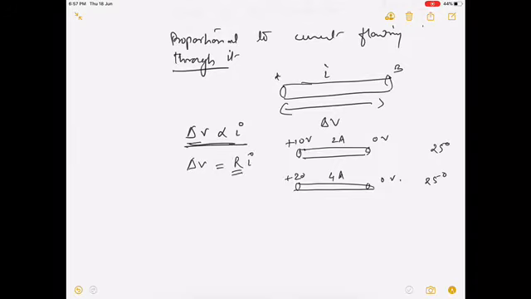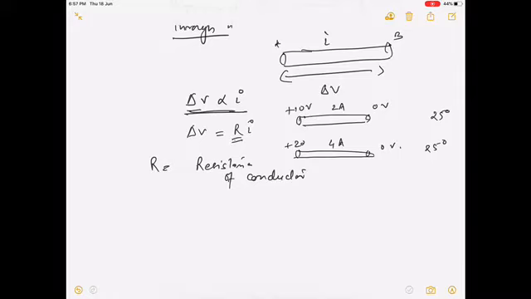Then del V is equal to some constant times I. This constant is called resistance of the conductor. Resistance means which opposes the flow of charges. Resistance of the conductor. This is constant for ohmic conductor only, that is, which follow Ohm's law, where potential is directly proportional to the current.